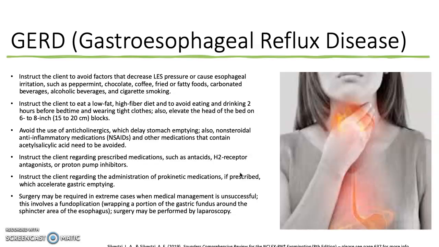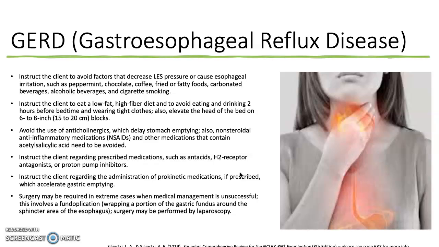Obviously, there's medications. There's a number of medications. I could give a whole lecture on the number of medications there are for acid reflux, but there's antacids, H2 blockers, proton pump inhibitors. There are so many different ones. PPIs are the most effective, but some of those are prescription.